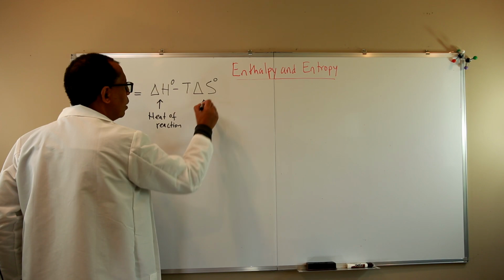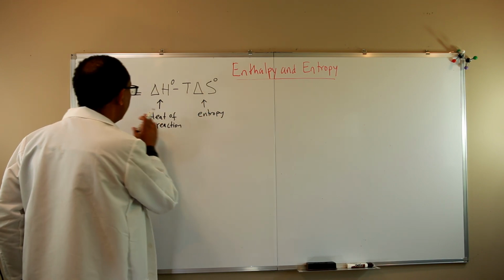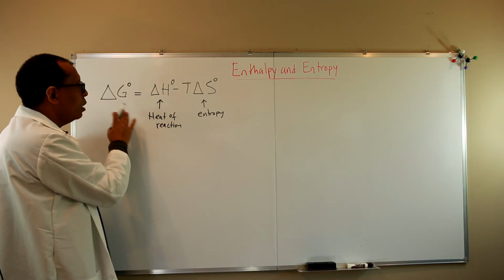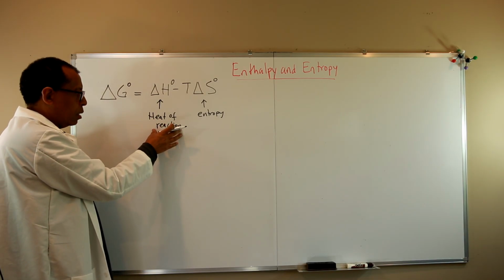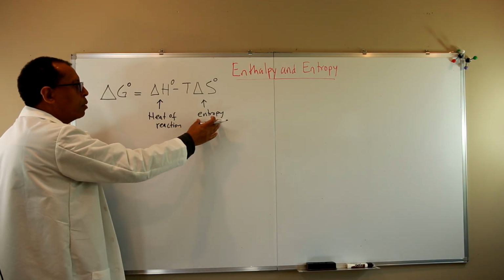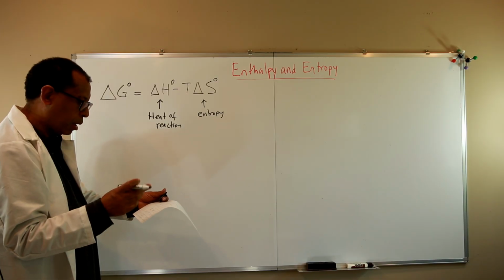Here it is the entropy factor. So the total free energy is a composition of the heat that's being released or absorbed, and also the entropy that will be introduced during the chemical reaction.